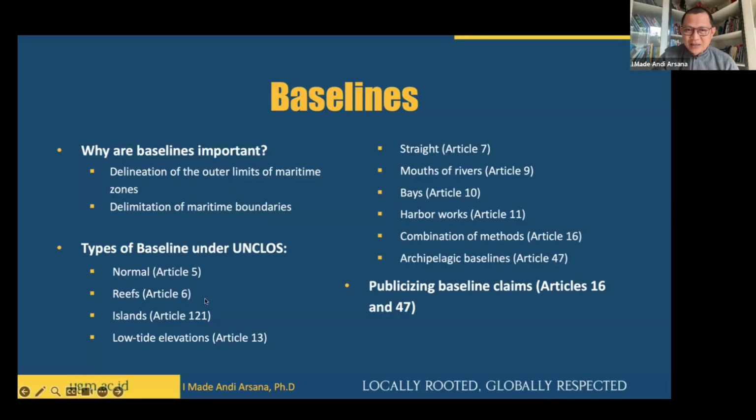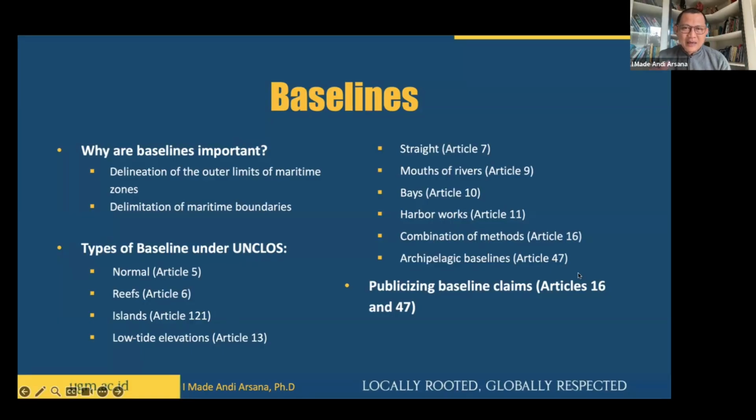Next, the types of baselines under the Law of the Sea Convention, or UNCLOS. Remember, UNCLOS stands for United Nations Convention on the Law of the Sea. There is the normal baseline, reefs, islands, low tide elevation, straits, mouths of rivers, bays, harbor works, combination of methods, and aquapelagic baseline.